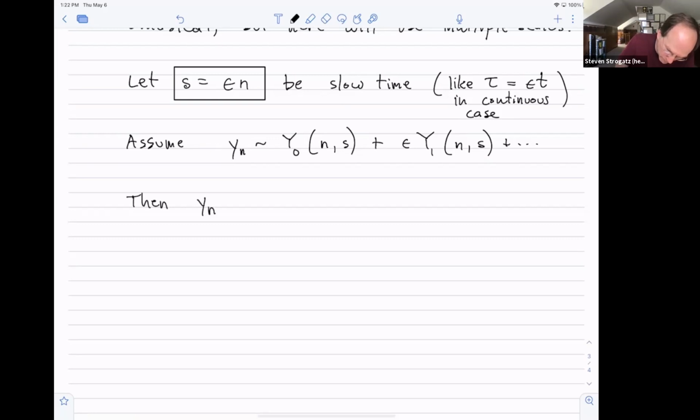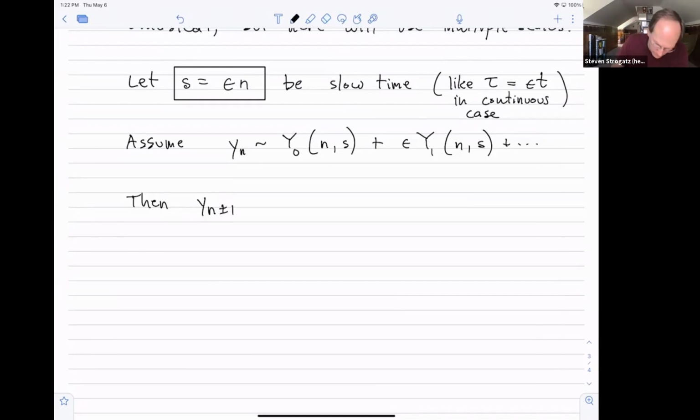If we do y_{n+1}, actually, let's do both cases at the same time. We'll do y_{n±1}. What's that going to be?